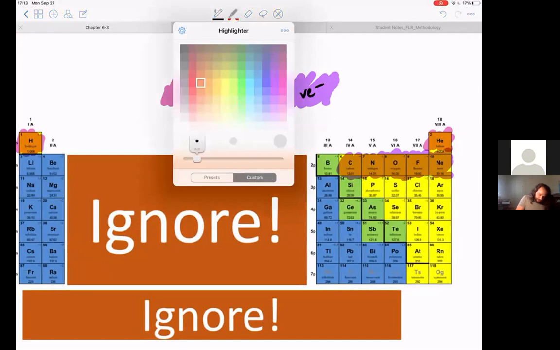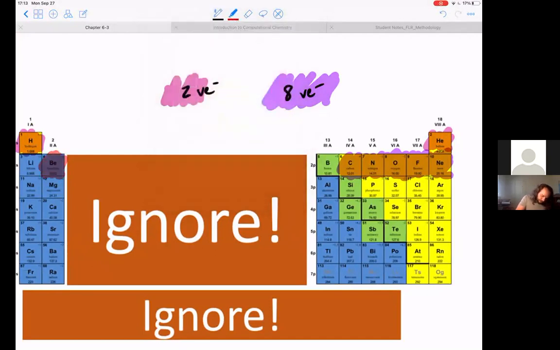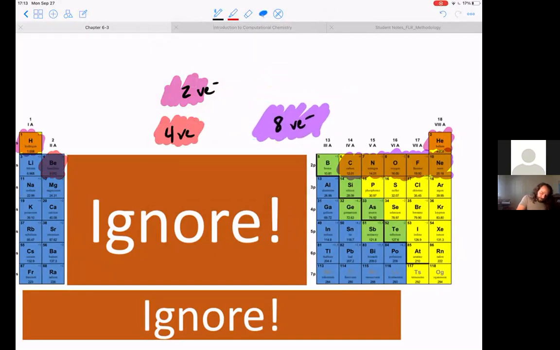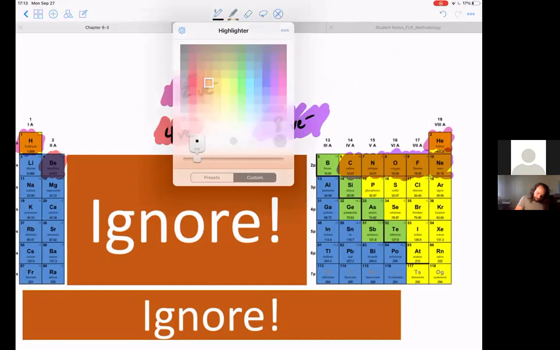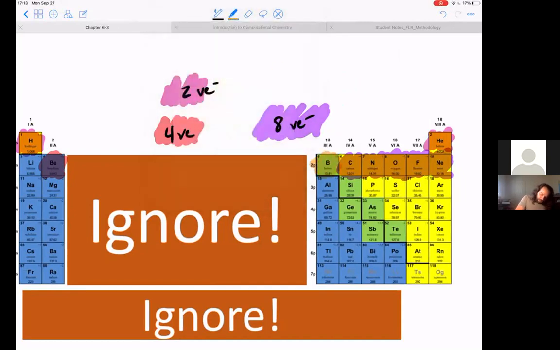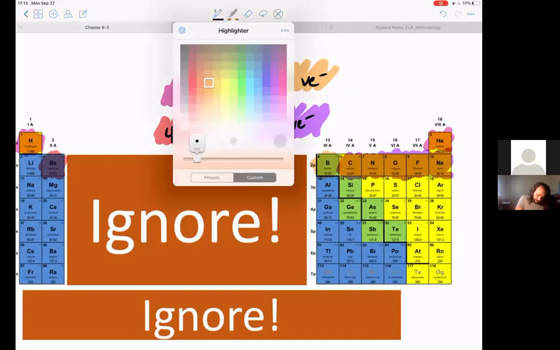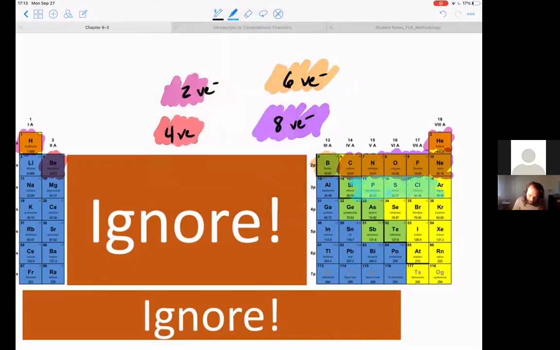There's 2 other exceptions we learned about. One was beryllium. Beryllium likes to have 4 valence electrons. And then lastly, boron. Boron likes to have 6 valence electrons, okay? Now, most every element bigger than that, like these ones down here, they also like to have 8 electrons in their valence shell.